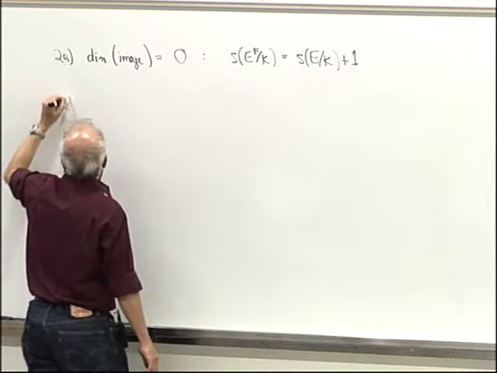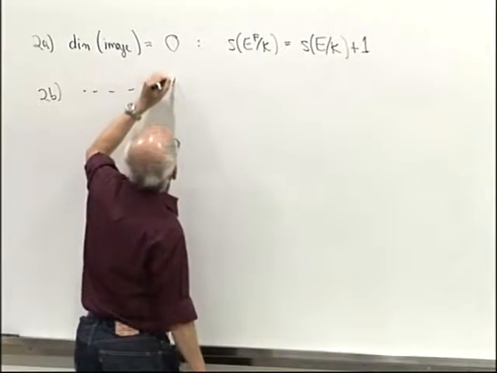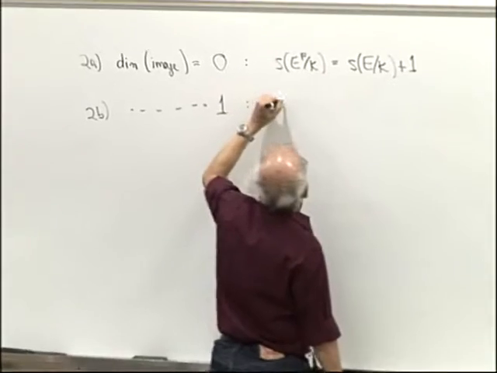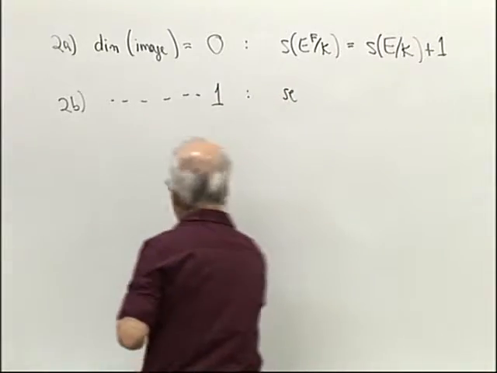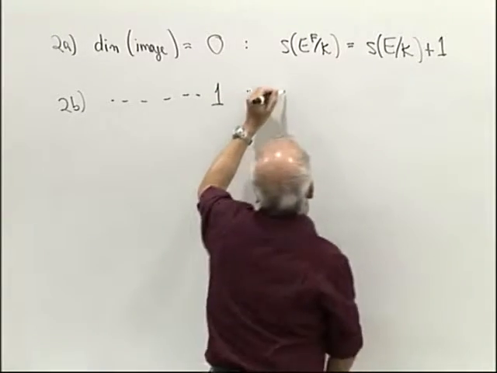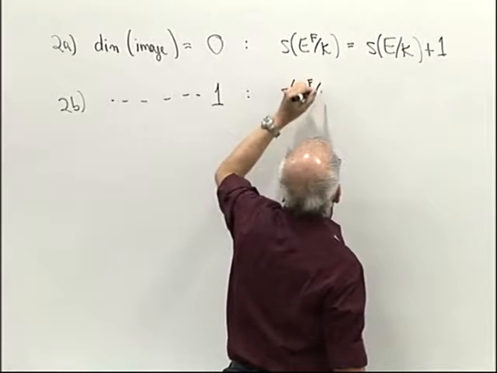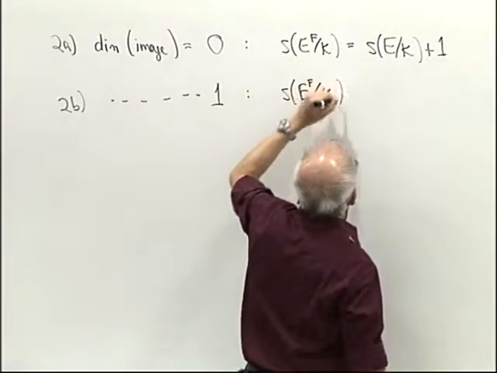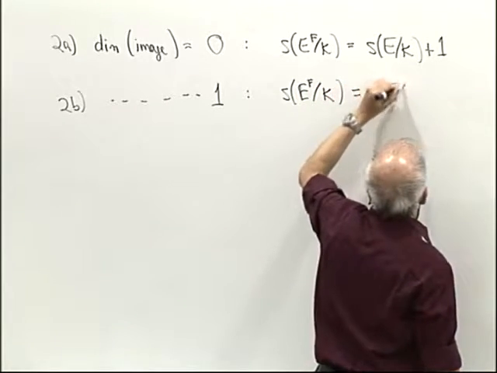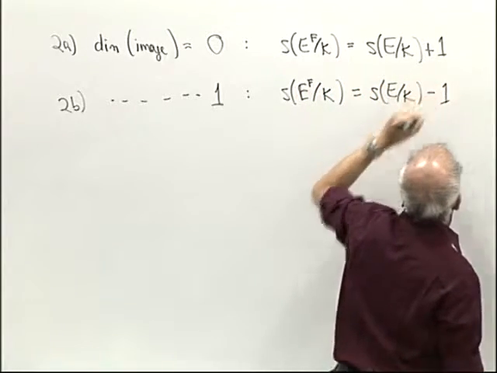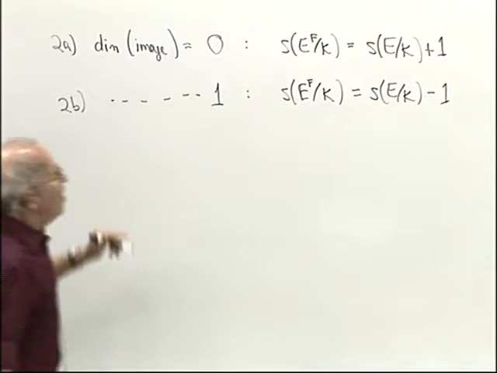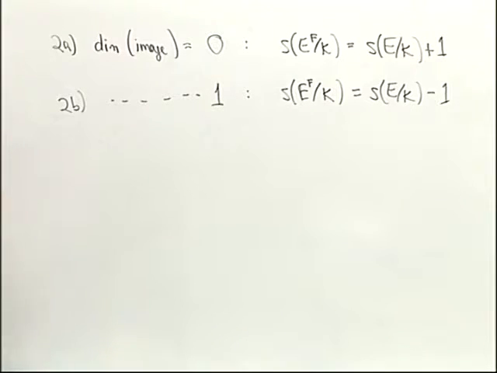In case 2b, the dimension of the image is 1, then the Selmer rank is going to go down by 1. And what's more, I can tell you how often this happens.